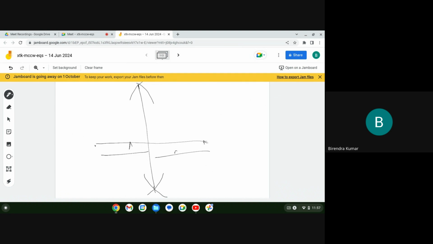Okay. Now tell me what are the other scenarios for this construction one? We have to draw, use, and interpret nets of 3D shapes.